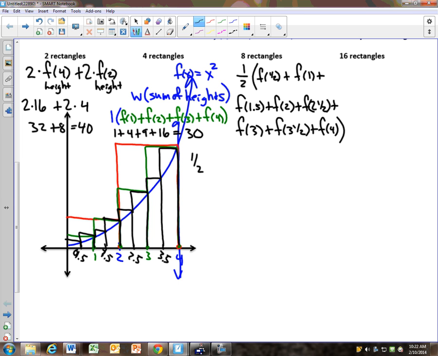1/2 is my width. A lot of people forget about the width. Can't forget about it. 1/2 is my width times the sum of the heights. 1/2 squared is 1/4. 1 squared is 1.